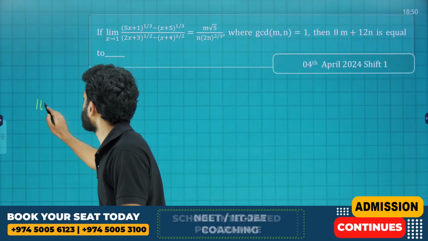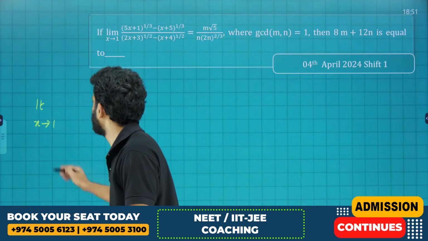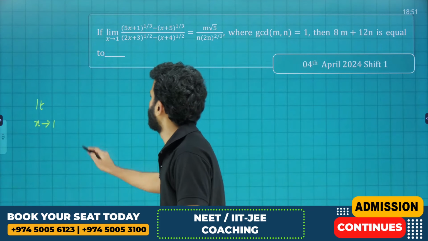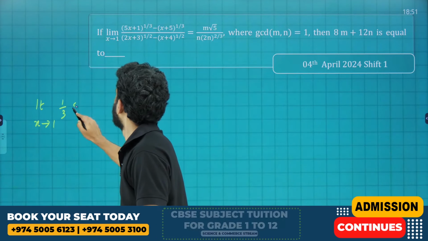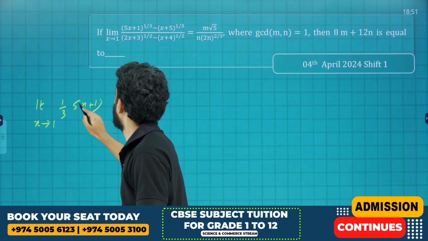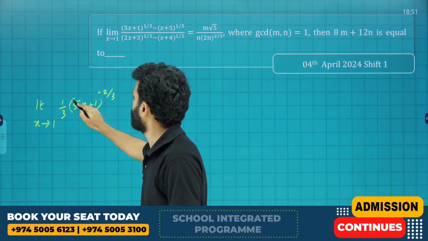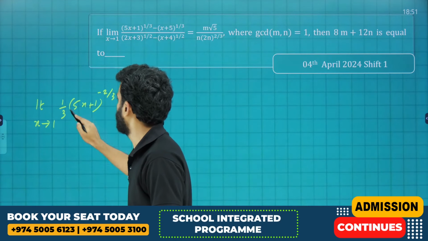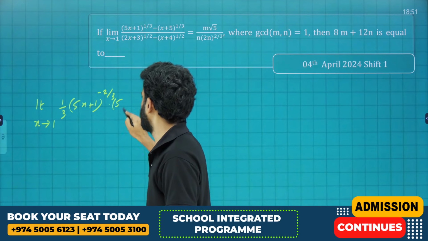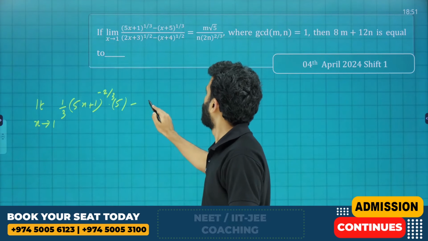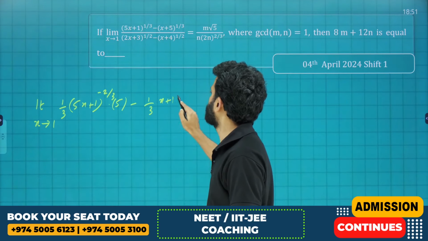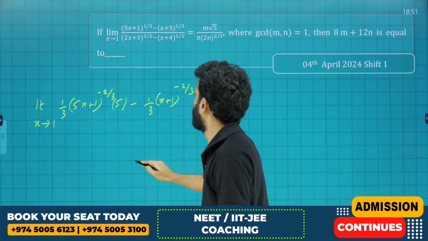Therefore, it will be limit x tends to 1, 1 by 3, (5x plus 1) the whole raised to 1 by 3 minus 1 is minus 2 by 3, and the derivative of this, that is 5. Okay, that I have written here, minus 1 by 3 into (x plus 5) the whole raised to minus 2 by 3.